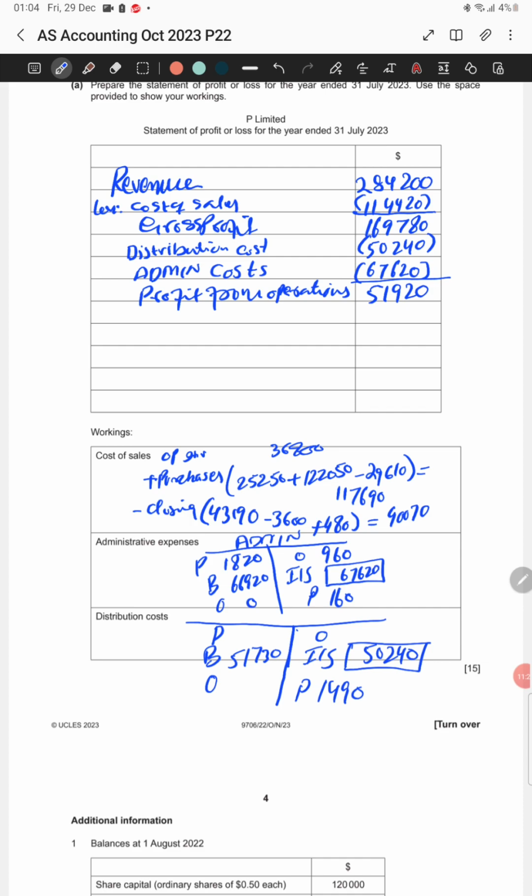Then we minus less finance cost. In the finance cost, they issued 36,000 debentures.